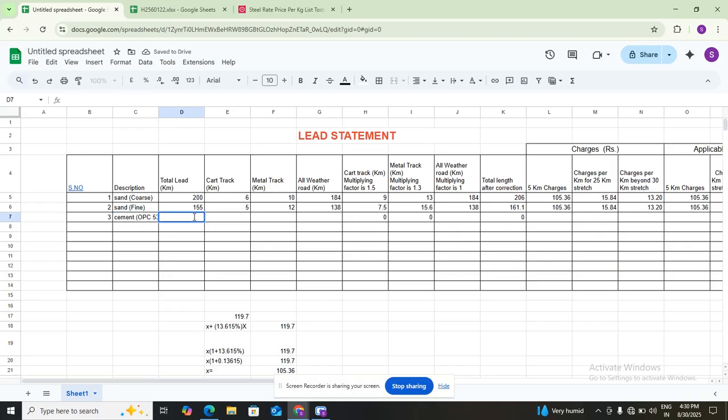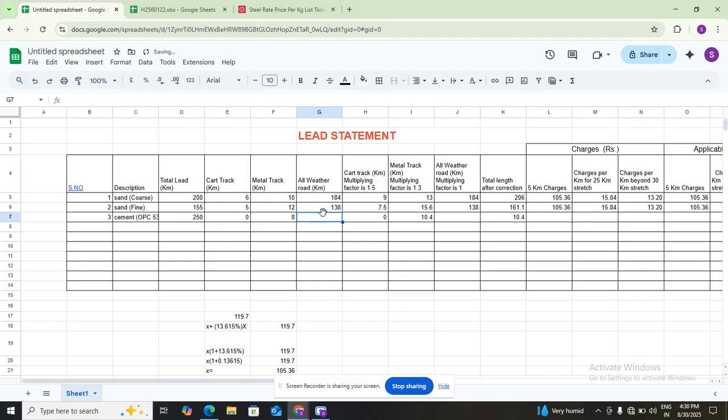Okay, we need to take the lead as 250 kilometers. The cement has no contract, meaning no sandy road is present. That's why we need to keep it 0. Metal road we keep as 8 kilometers.